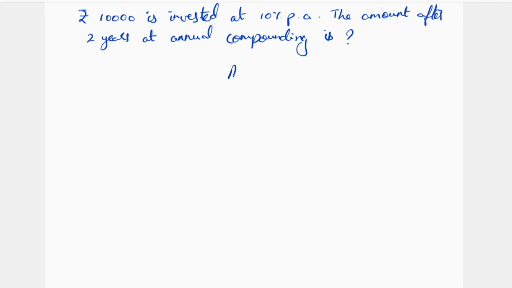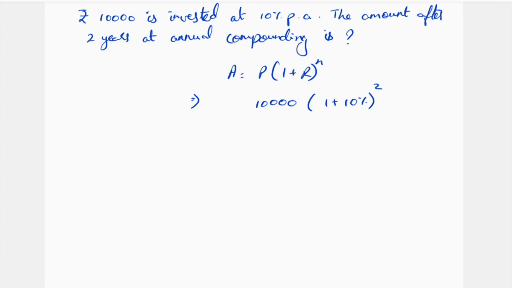So amount is equal to principal multiplied by 1 plus the rate of interest, the whole raised to the power of n, that is the compounding frequency. Now here I have principal 10,000 multiplied by 1 plus 10% whole raised to the power of 2 years.